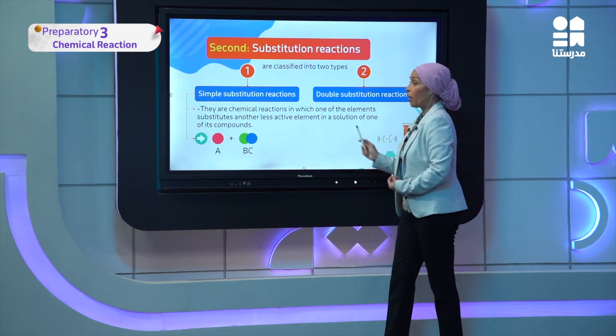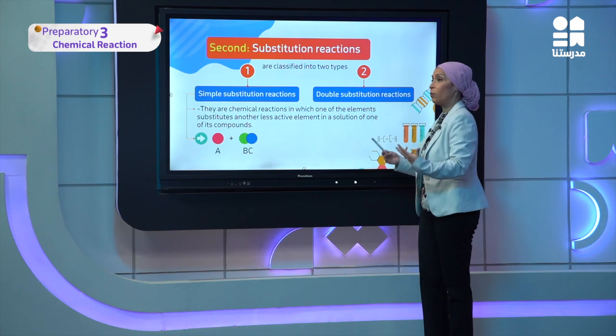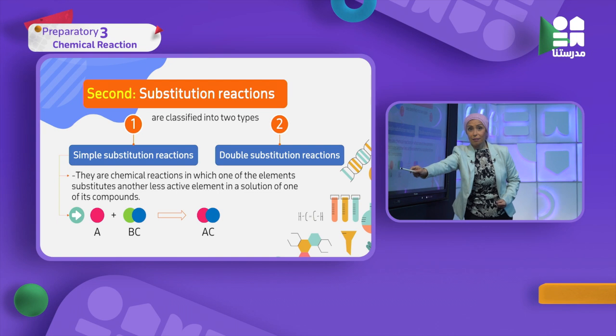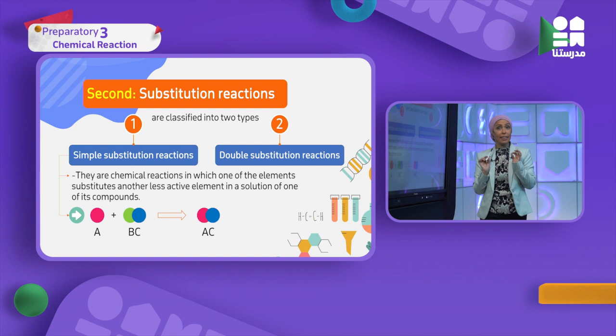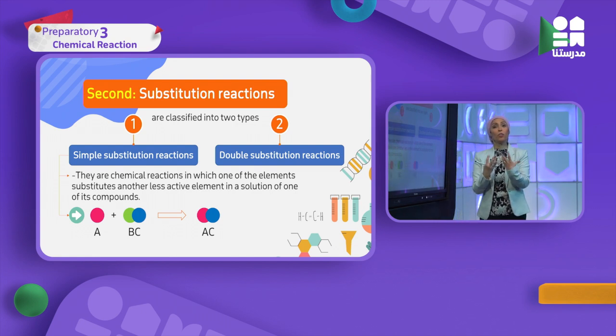If this metal is a strong metal, located where in the CAS? Located above. So it can kick the other one out and replace it, like here. So what can I get? Let's guess here A and C. The metal A kicks out the one which is B and replaces it. Keep in mind that any chemical here starts with a metal, this one is a metal and this one is a metal, and the competition is between the two metals.